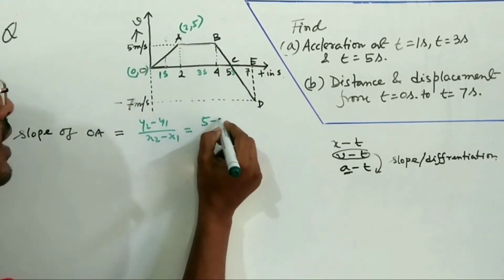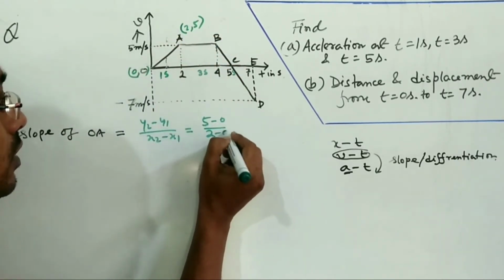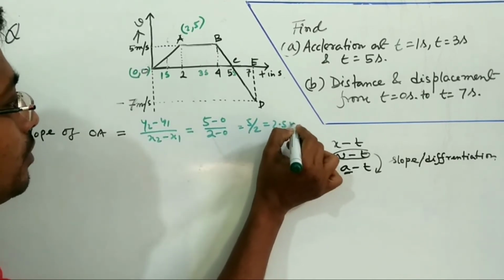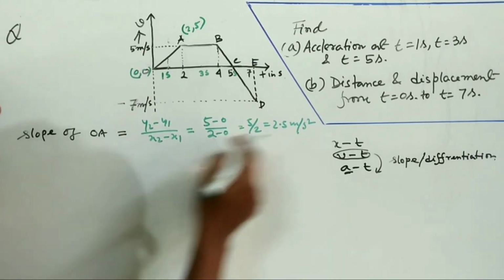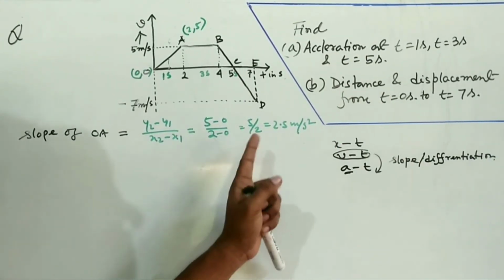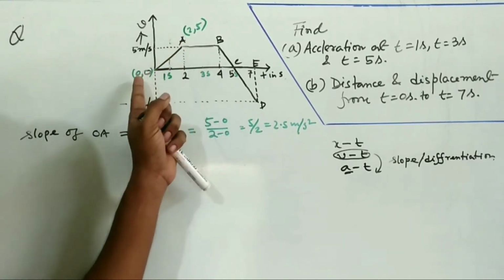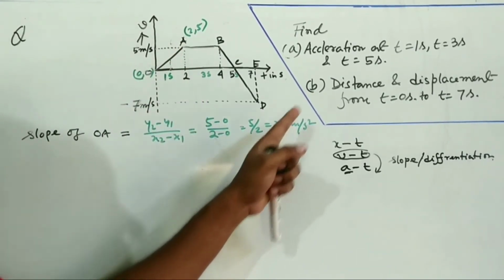So 5 minus 0 by 2 minus 0, then it will be 5 by 2, which is equal to 2.5 meters per second square. The slope of OA indicates the acceleration. So that is 2.5 meters per second square acceleration up to A. At any point on the OA straight line, it will be 2.5.